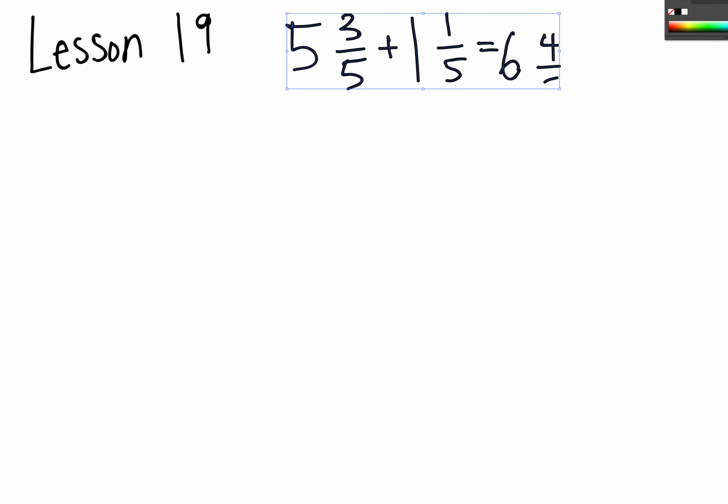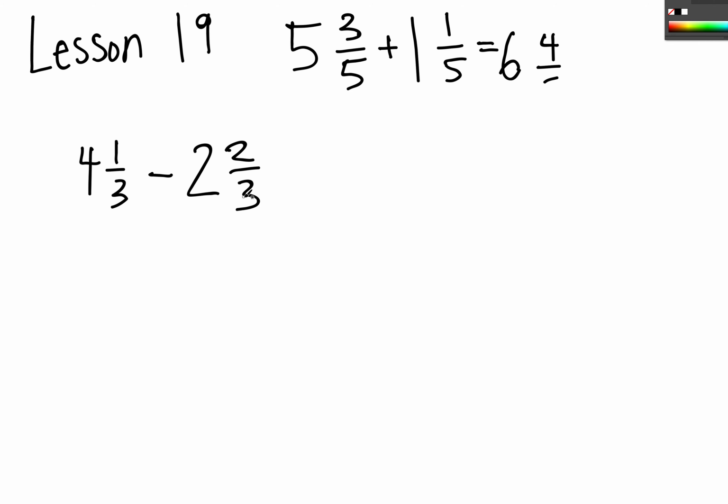So we're going to go back to our problem here and do our 4 1/3 minus 2 2/3.